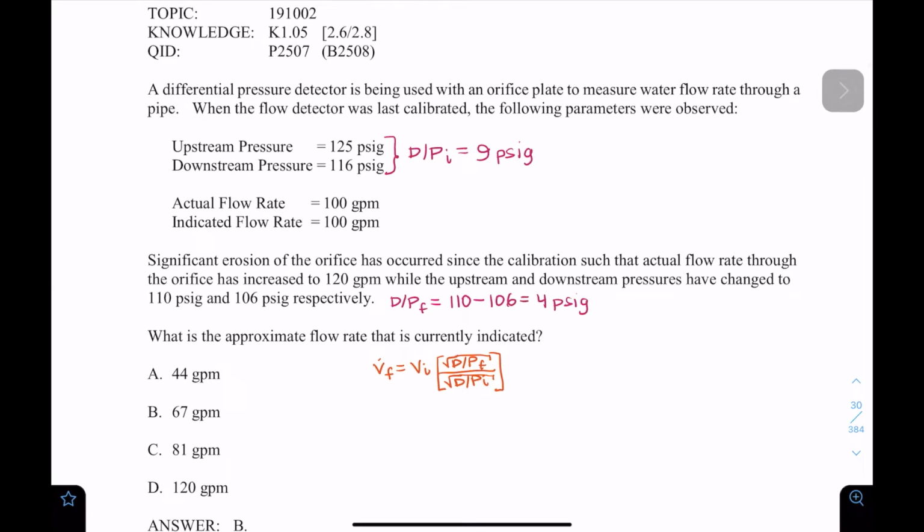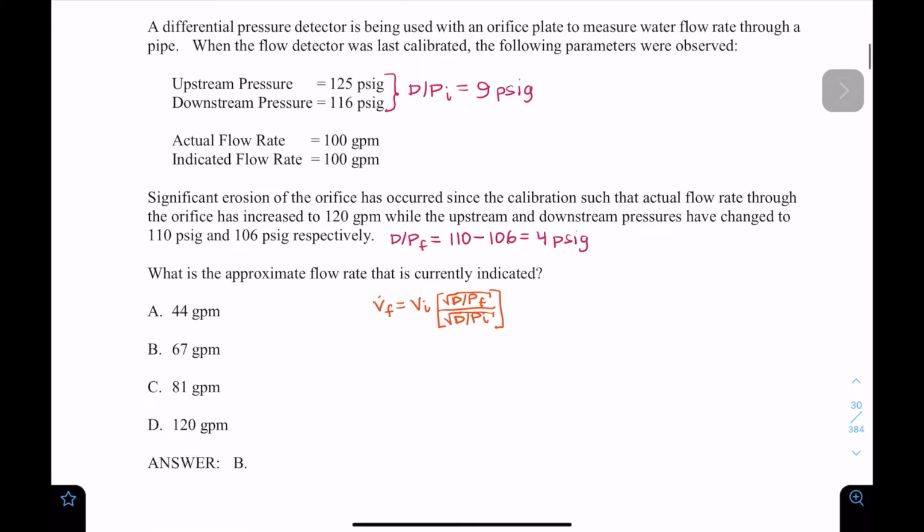This one is question ID K1.05. We have a differential pressure detector that is being used with an orifice plate to measure water flow rate through a pipe. When the flow detector was calibrated, the following parameters were observed.